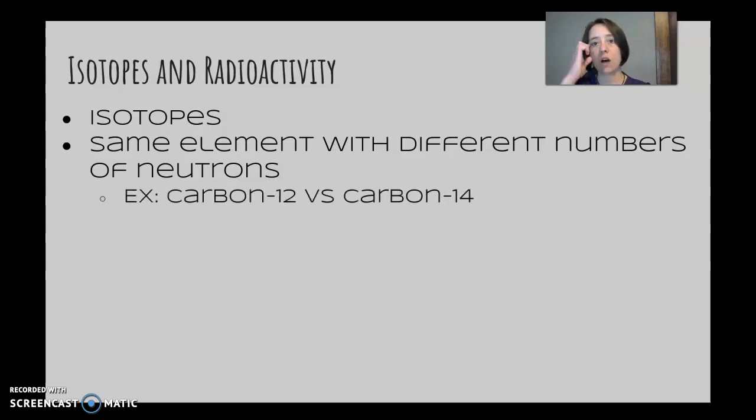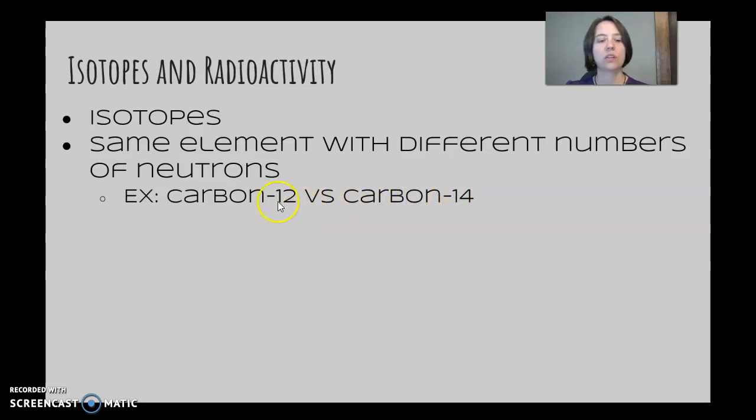So carbon-12 has 6 protons, and carbon-14 also has 6 protons, because the number of protons, if you remember from 9th grade science, determines which element it is. And so then 6 plus what equals 12? Well, 6. So carbon-12 has 6 neutrons, and then 6 plus what equals 14? 8. So carbon-14 has 8 neutrons.